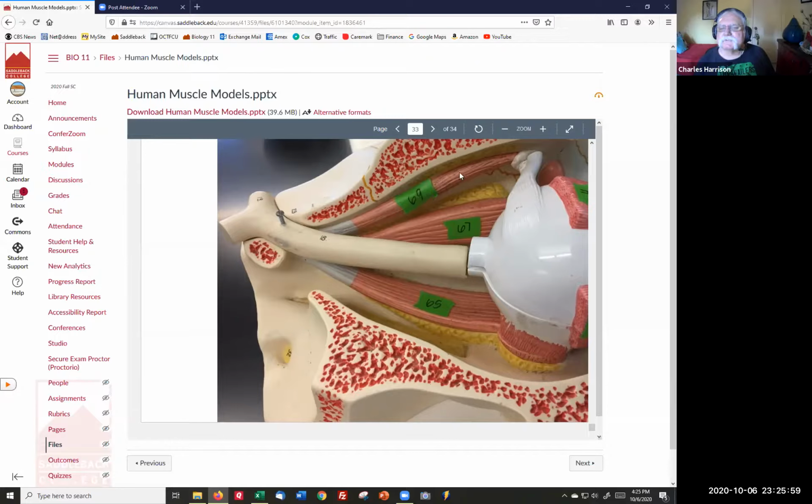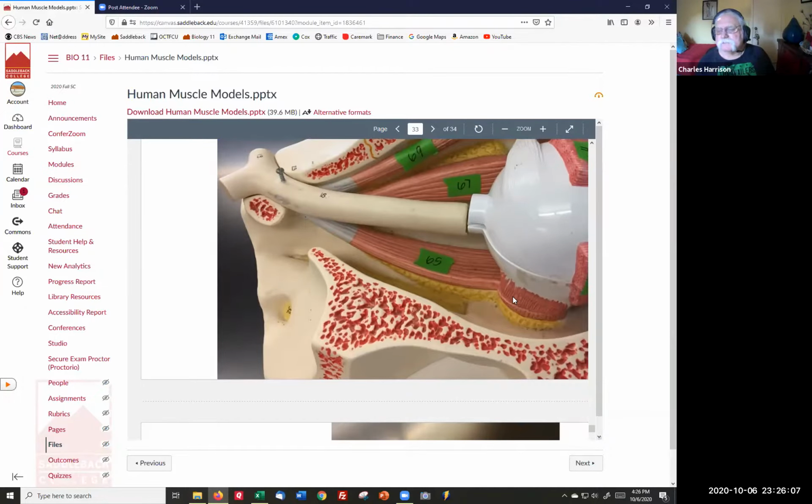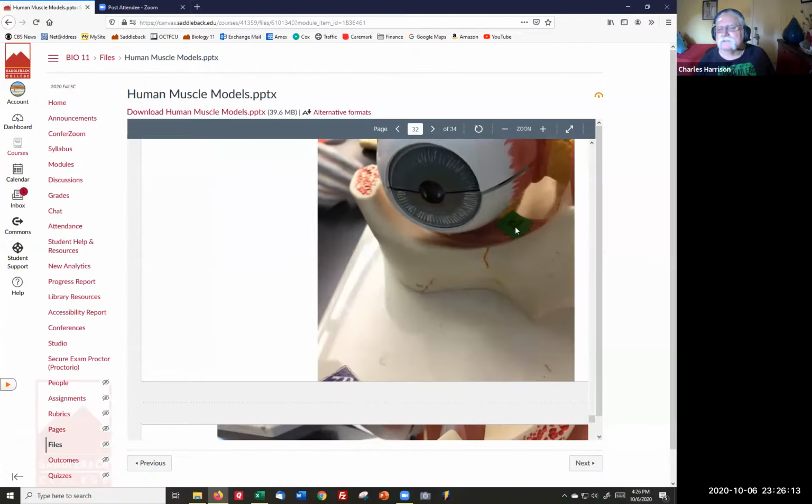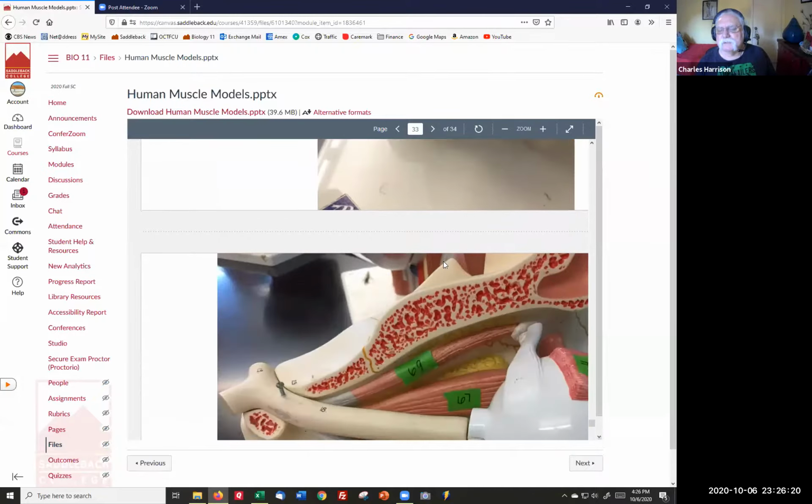This muscle is the superior oblique. The inferior oblique is this muscle down here. And you barely see it in the shadow under here. Goes under, around the eye.